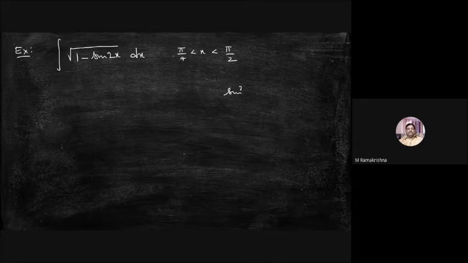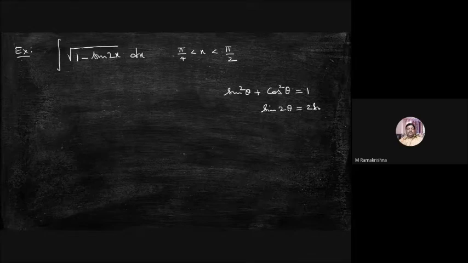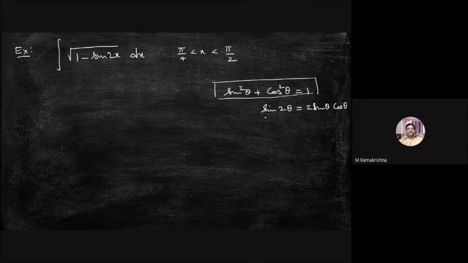We know sine square theta plus cos square theta is equal to 1, as well as sine 2 theta is equal to 2 sine theta cos theta. Right?